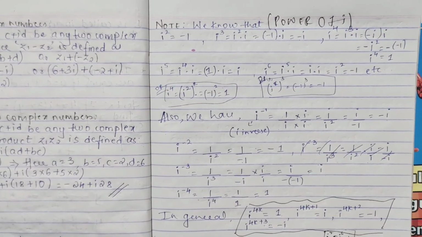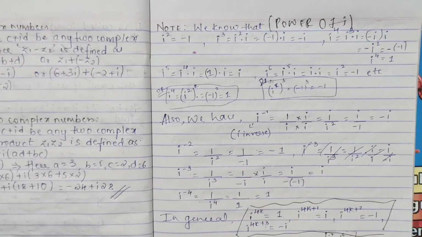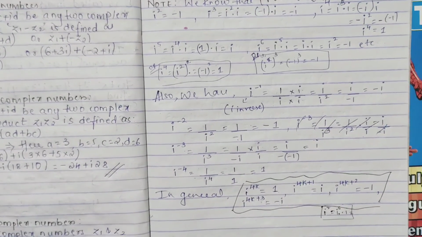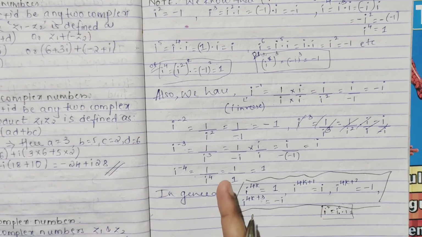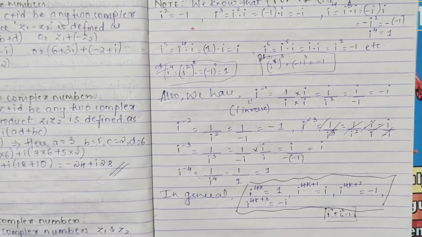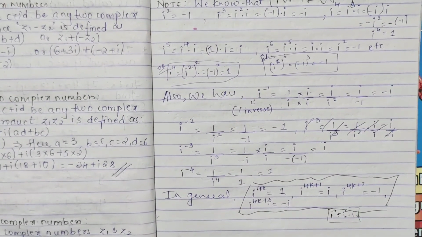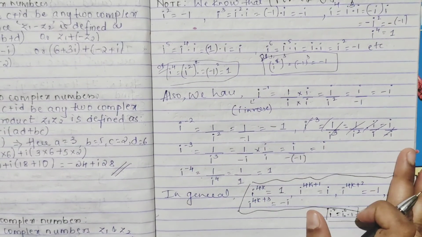This is very useful. Complex numbers is a very important topic for your further studies. Even if you go to PUC 2, and after PUC also, wherever you go, complex numbers plays a major role. It's a very important topic, and these are the minute basics which you should know.